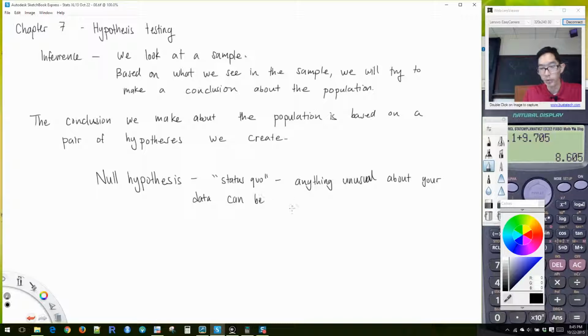And maybe I should be more specific: can be attributed to the random nature of random sampling.